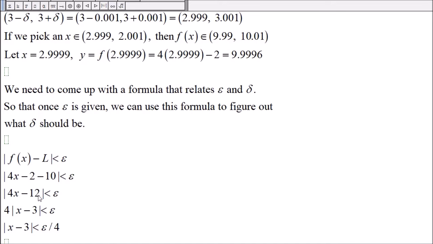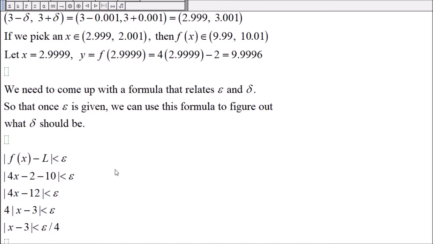Common factor is 4, so we get 4 times the absolute value of x minus 3, and then divide both sides by 4, then we get the absolute value of x minus 3 is less than epsilon divided by 4. And so the statement that the absolute value of f of x minus L is less than epsilon is equivalent to the statement the absolute value of x minus 3 is less than epsilon divided by 4.